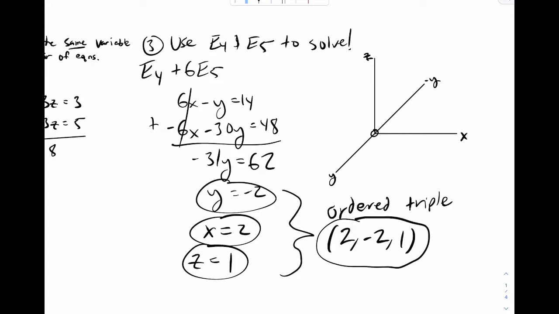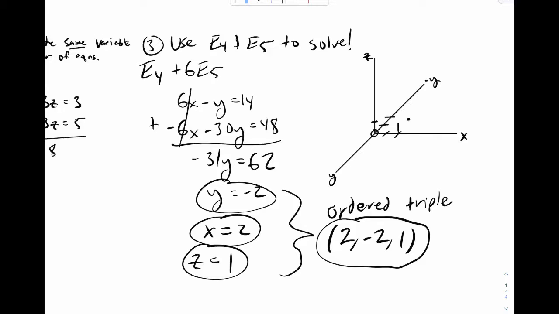This would be negative y. So first do 2, negative 2. So go 2 units out, positive x, 2 units out, negative y. This point right here would be 2, negative 2. Now the tricky thing is this 1 is in the third dimension, which means we got to go 1 up in the z direction. And the way we're going to represent this is using a 3D box.